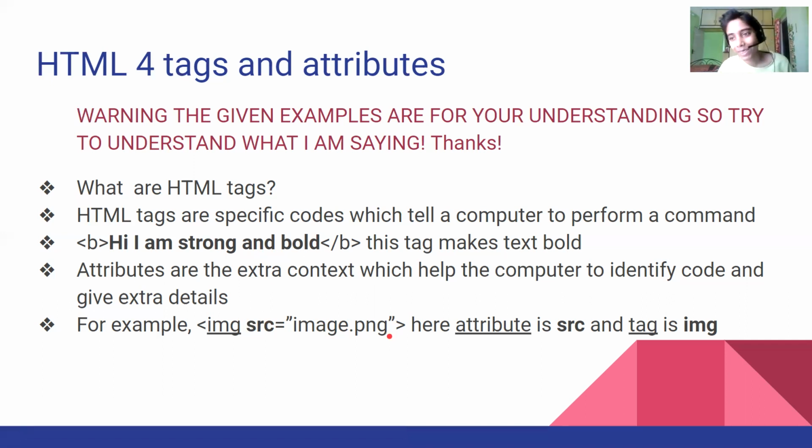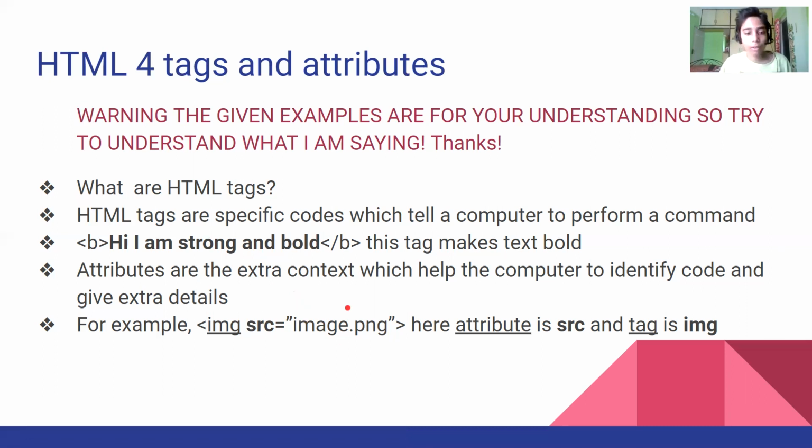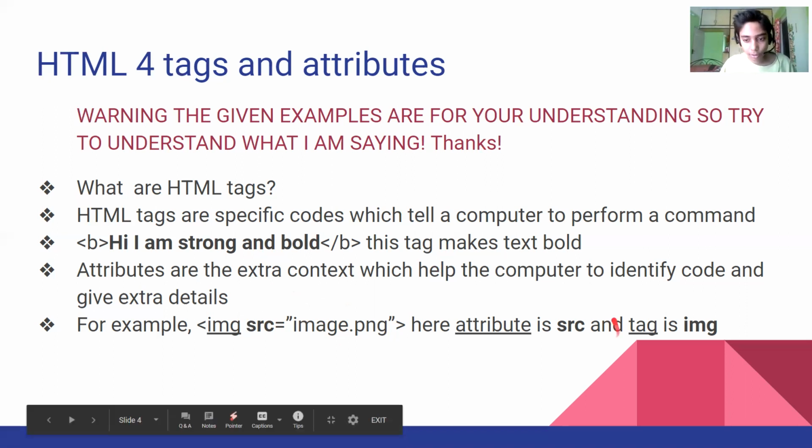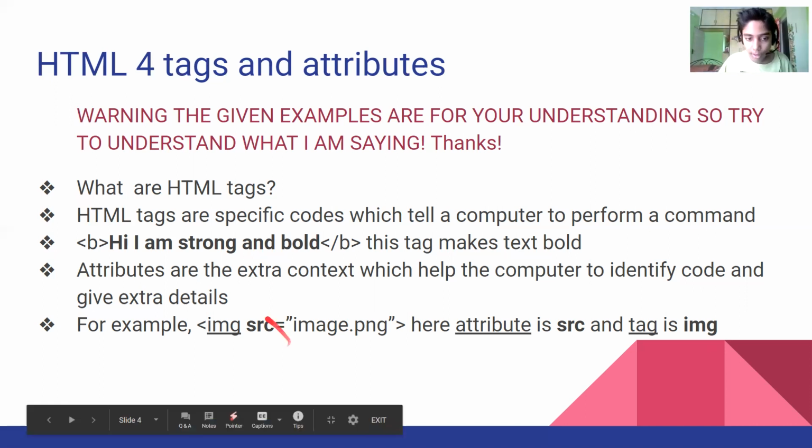Sorry, image.png. Sometimes I just make up stuff, but this was written here, so I'll just say random.png. If you have saved it in File Explorer, it'll come. Here the attribute is src, which means source, and the tag is image. The image tag says that it's an image, and the source attribute says the source is image.png.